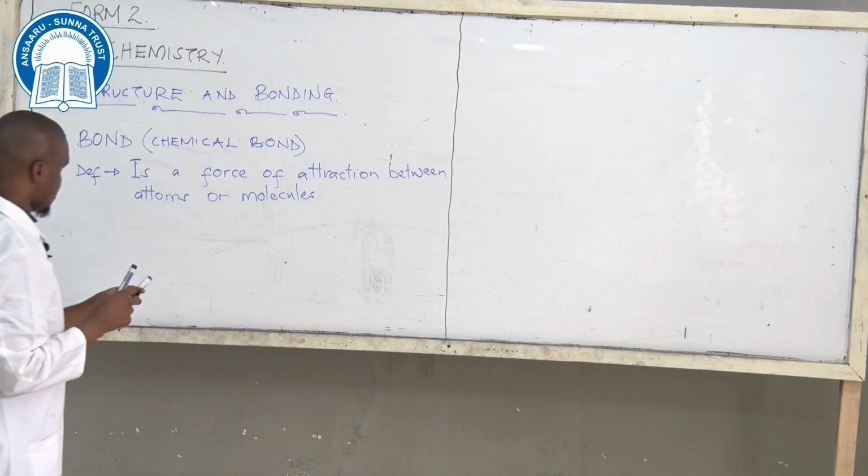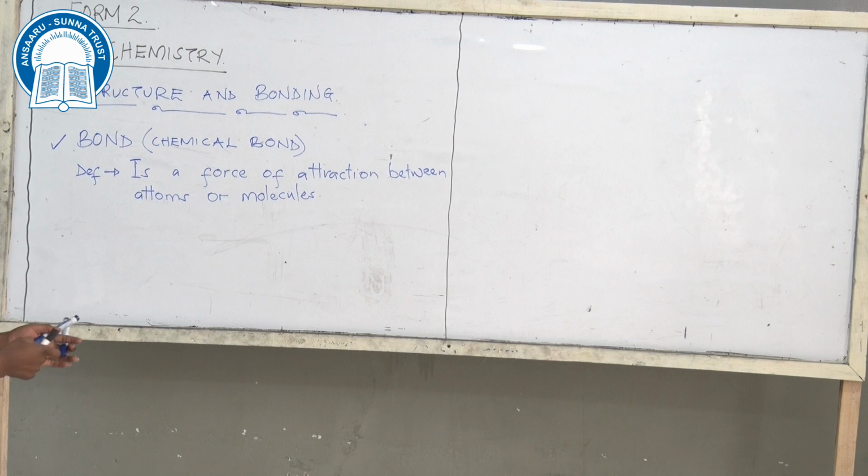So we are saying a chemical bond is a force of attraction between atoms or molecules.